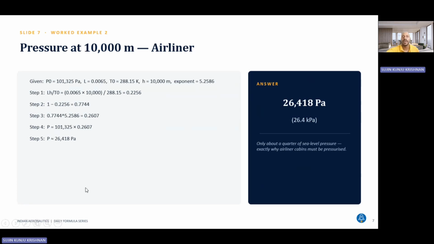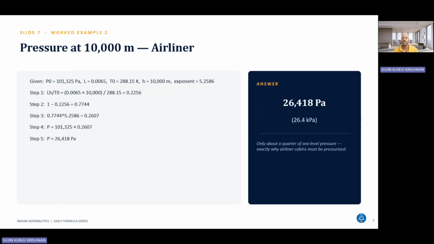Example 2, 10,000 meters, typical airline cruise. Same 6 steps. Inner bracket first: LH is 0.065 times 10,000, which is 650, divided by 288.15, giving 2.256. So 1 minus 0.256 equals 0.74. Raise 0.74 to the power 5.2586. That gives approximately 0.2607.